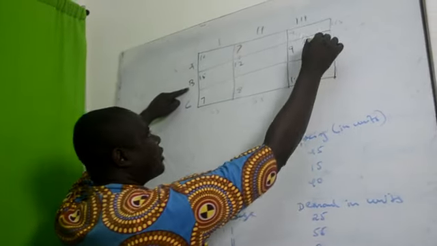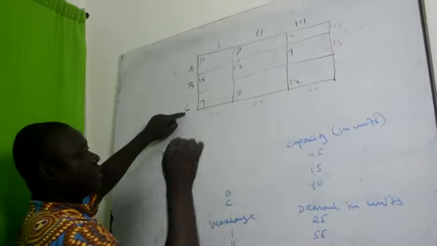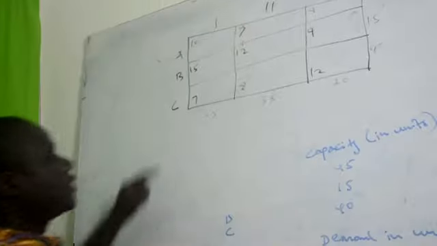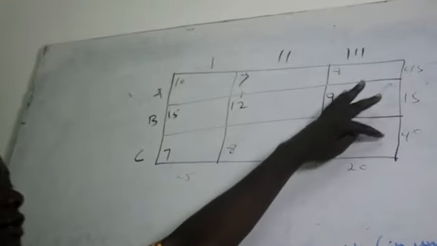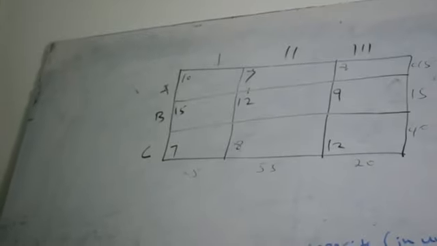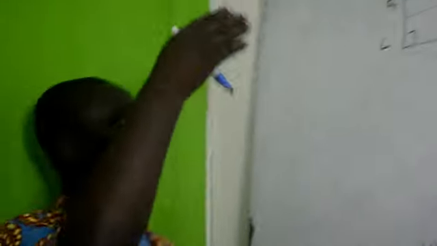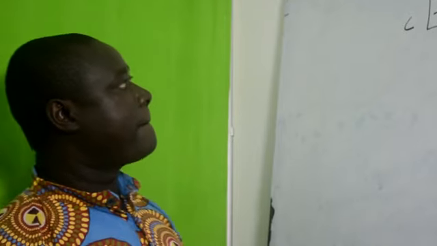Factory B of 15, factory C of 40. Now, if you add 25 plus 55 plus 20, you will get 100. If you add 45, 15 plus 40 here, you will get 100. So those units are equal both vertically and horizontally.